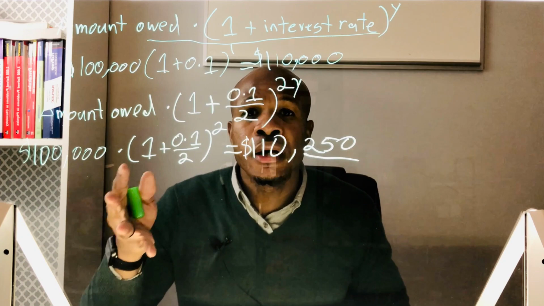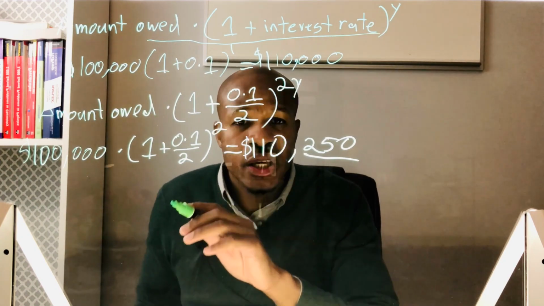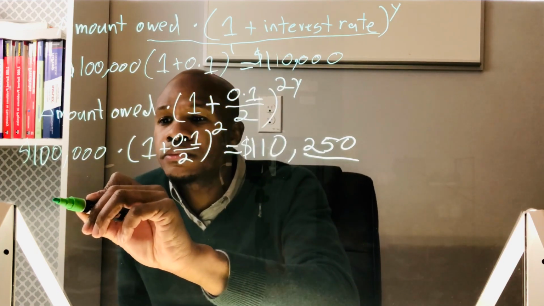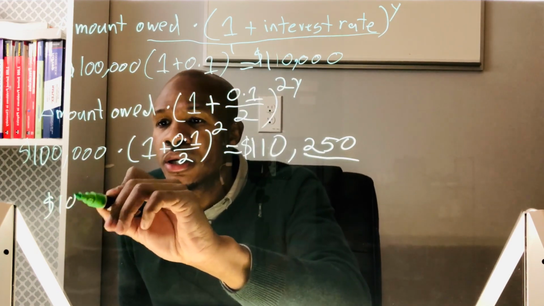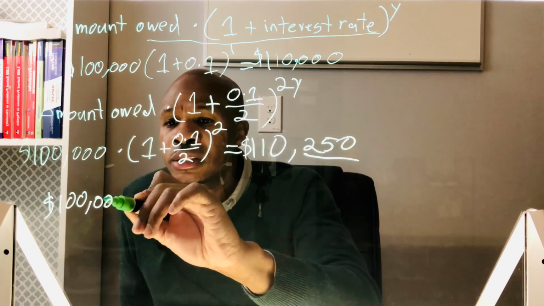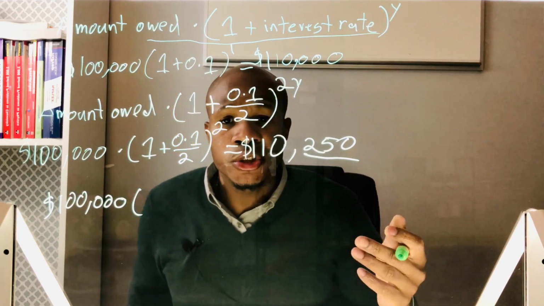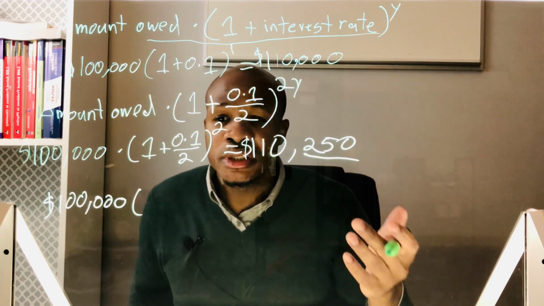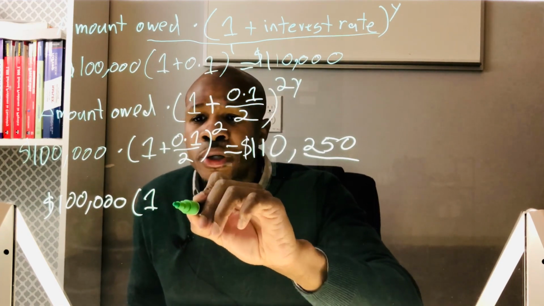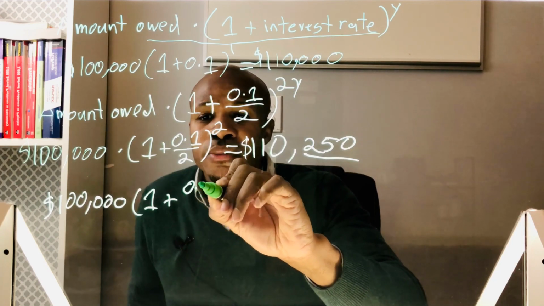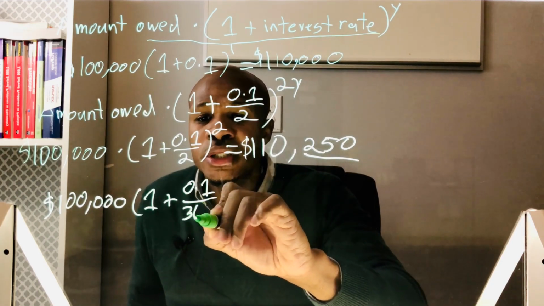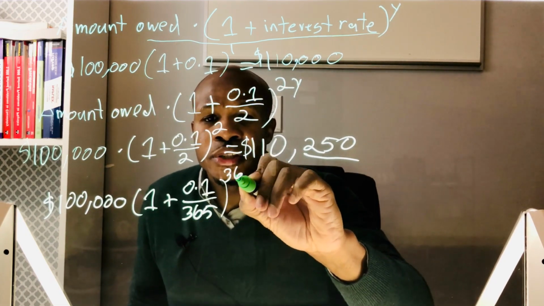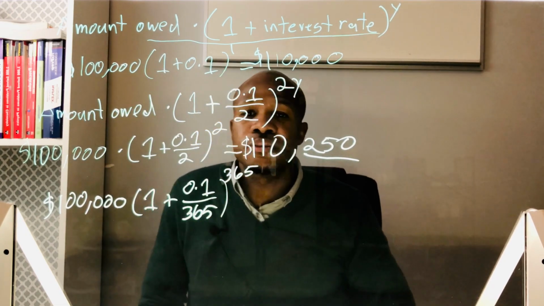So let's take a look at what that would equal for this same $100,000 that we're going to borrow. So if I borrowed $100,000 for the year, but interest is compounded every day, which is 365 days for the year, that would be 1 plus, I'll take the interest rate and divide it by 365, and raise it to the 365 power.